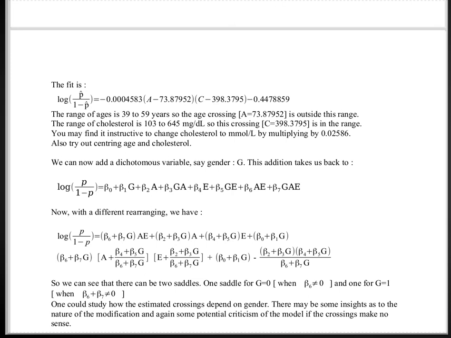One of the points that has come up in the application of this particular model is whether or not we're getting something that actually makes sense. If the formulation or presentation of such a model leads to crossings that really cannot have any form in reality, then that says that one needs to reconsider the formulation of this particular model.